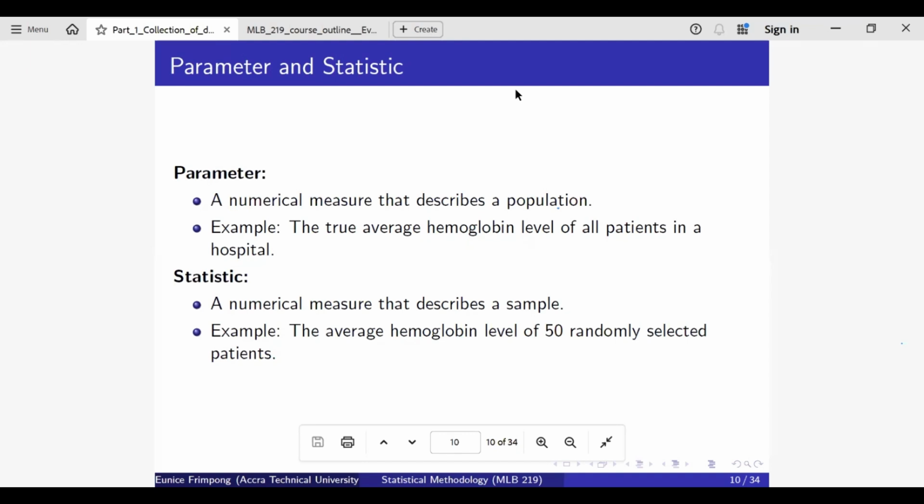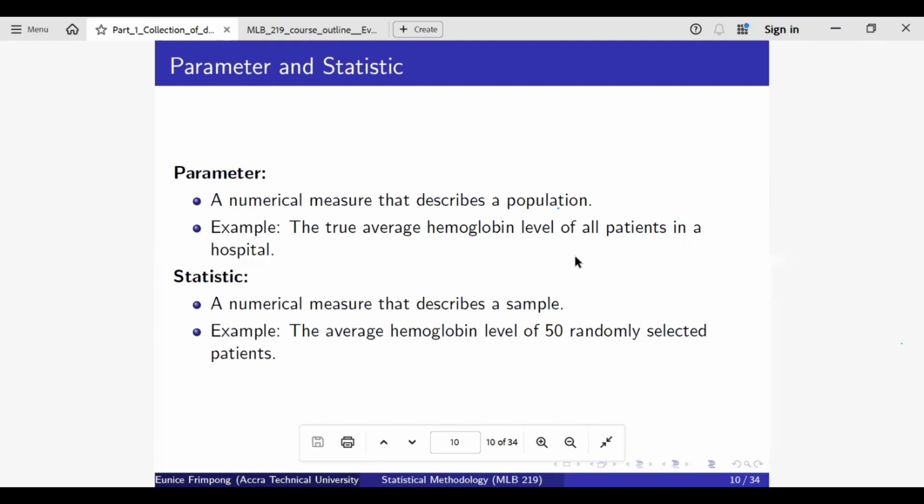An example of a parameter is the true average hemoglobin level of all patients in a hospital. I'm repeating, the true average hemoglobin level of all patients in a hospital. You consider every single patient in that hospital, then you find their average. That is, you've considered the entire population in that hospital.